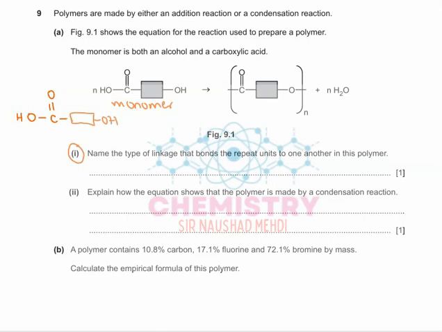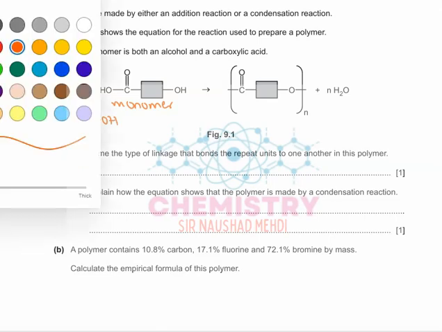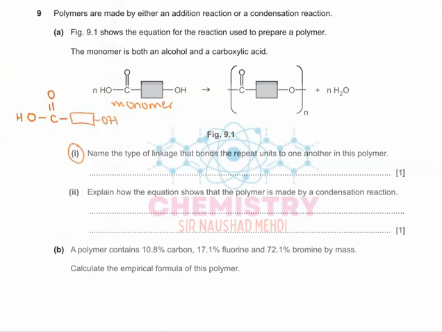How will these two monomers join? These two monomers will join in a way that the OH will be removed from the carboxylic group of the first monomer, and from the second monomer you have to remove the hydrogen from the OH group. Okay.